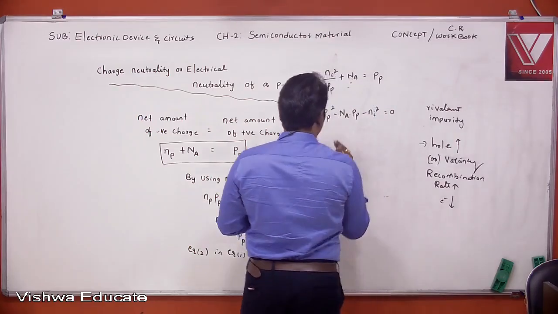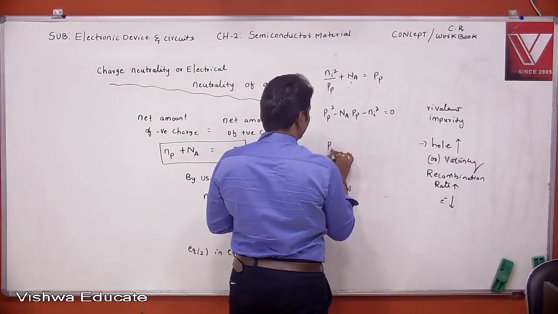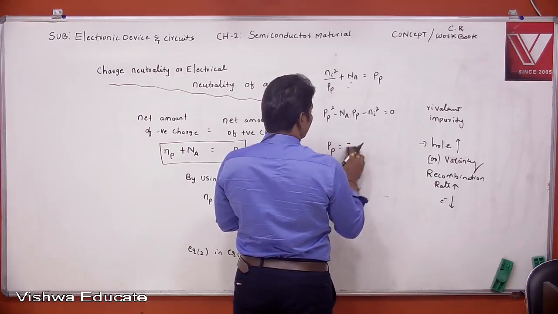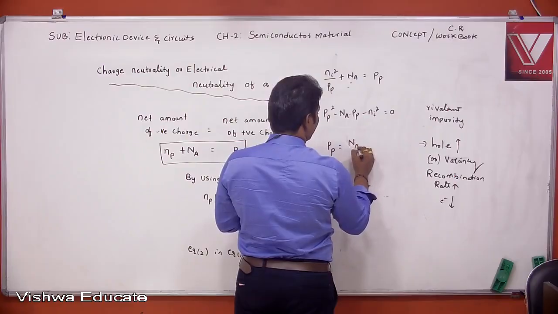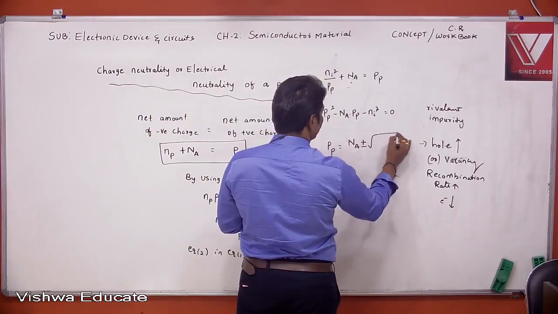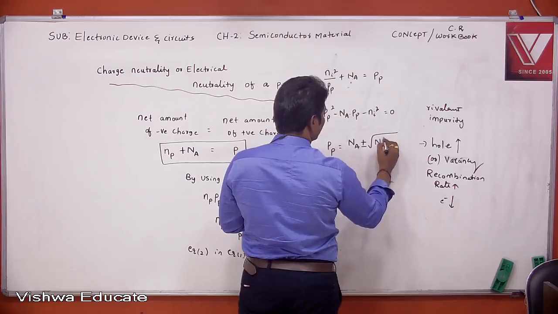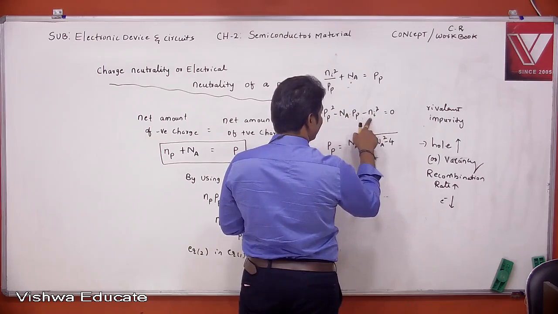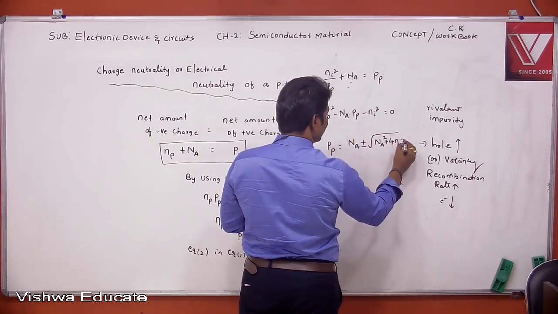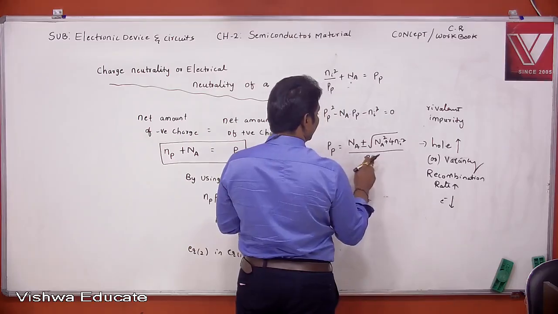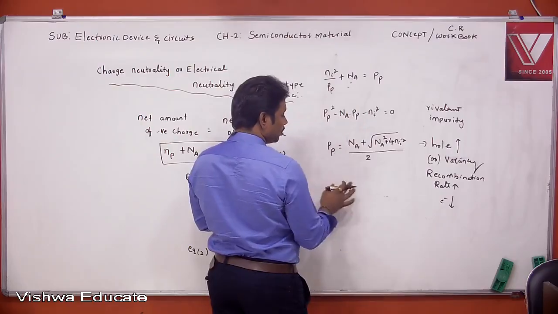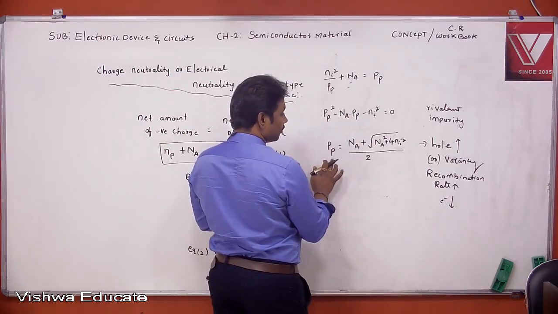To solve this, pp equals minus b plus or minus root of b square minus 4ac, over 2a. Minus of minus means plus Na plus or minus root of Na square plus 4 ni square, by 2a, with a equal to 1. The concentration must be positive, so consider only the positive value. This is the equation for calculation of the hole concentration.